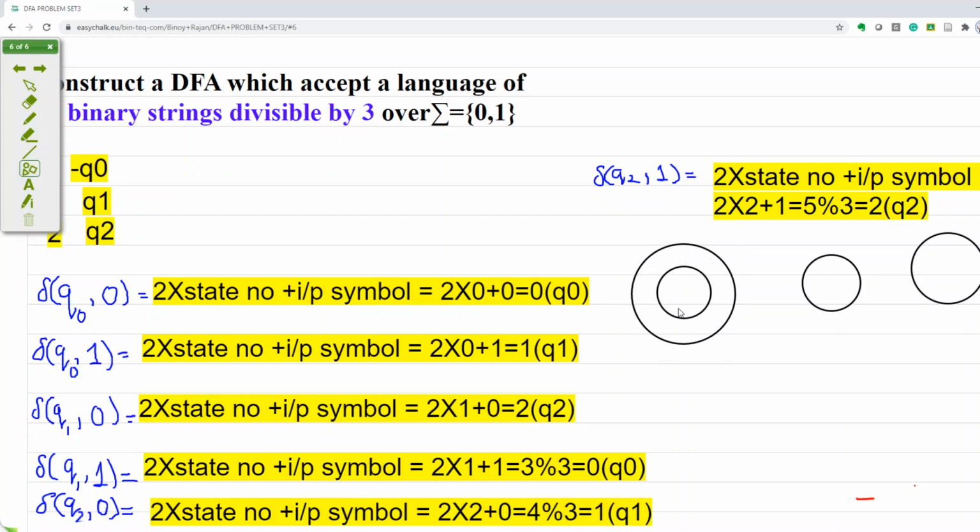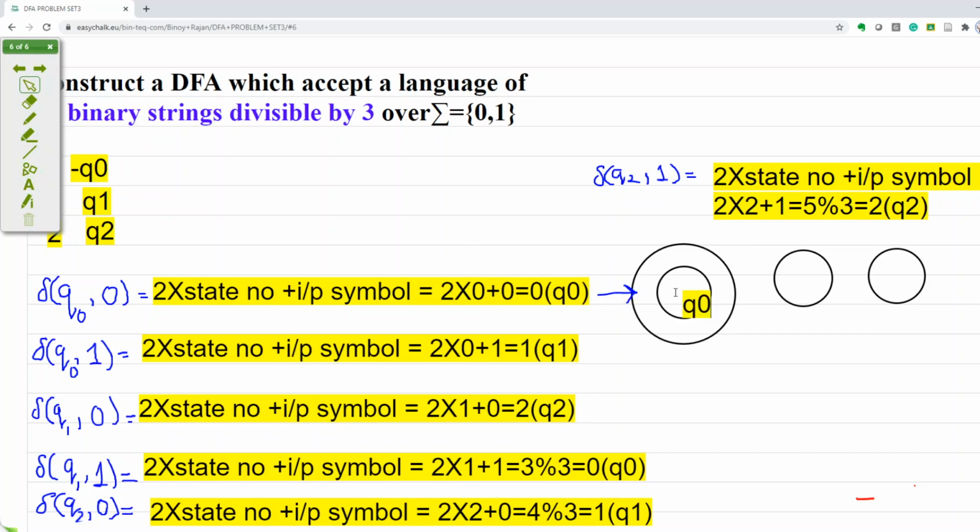So this is my initial state, this is my Q1, and this is my Q2. Now let's draw the transitions. The initial state and the final state are the same. So let's label this as Q0, this as Q1, and this as Q2.